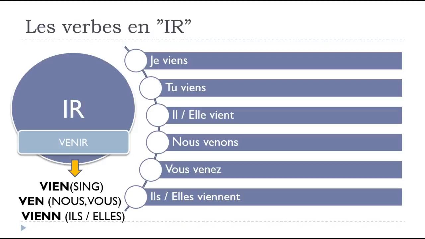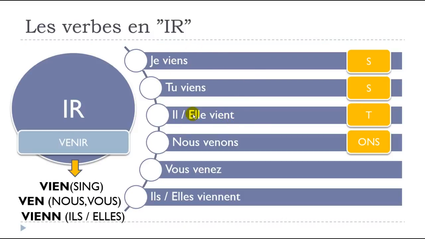Okay, and so this is what is normally difficult: trying to remember how to conjugate them, and especially keeping in mind that for the singular you put this VIEN, and then you add S for je, S for tu, and T for il, elle. And phonetically it's the same form. So you get je viens, tu viens, il vient, elle vient. And then it was quite fast.